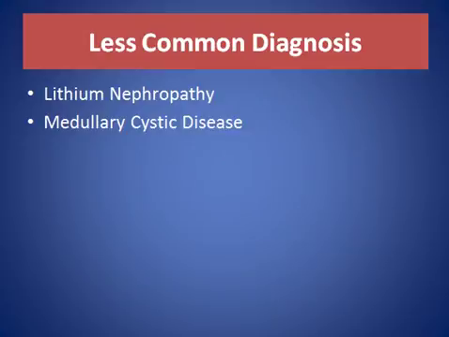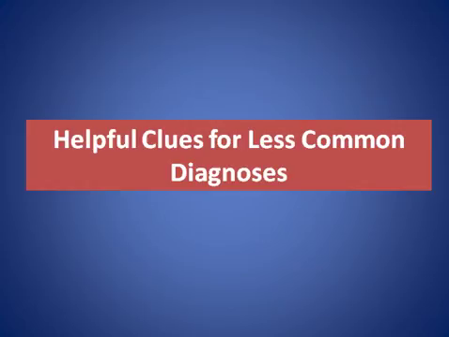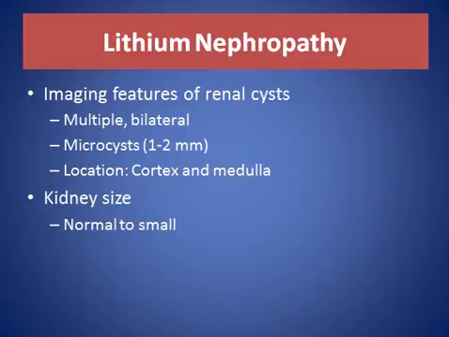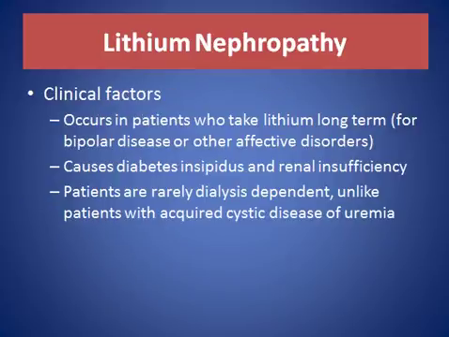Less common diagnoses: lithium nephropathy and medullary cystic disease. Lithium nephropathy imaging feature: we have multiple bilateral microcysts about 1 to 2 millimeters located in the cortex and medulla, and the kidney is normal to small in size.